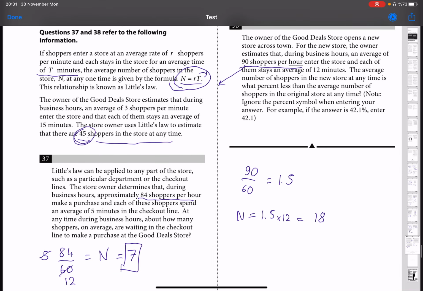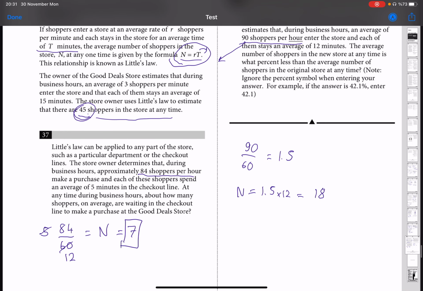So the question asks me to compare these numbers and find the percentage. Obviously the main store has more shoppers, and the question is expecting me to find what percent less. Okay, let's find it. 45 minus 18, divided by 45.